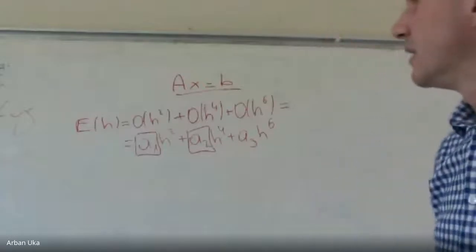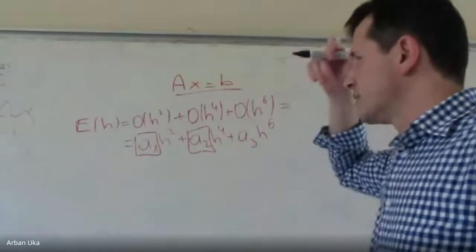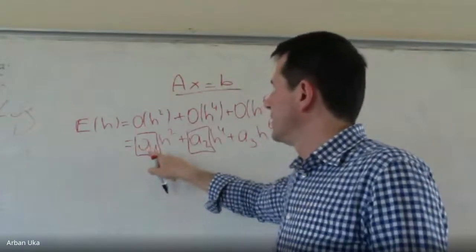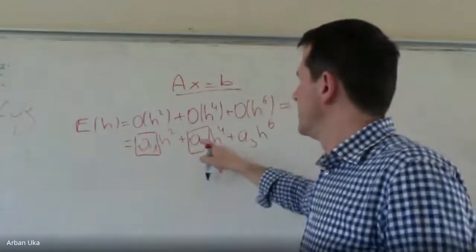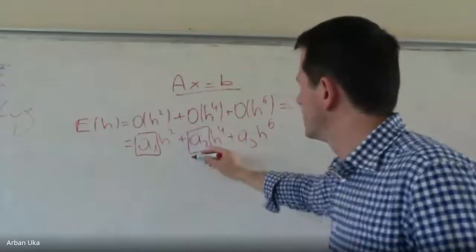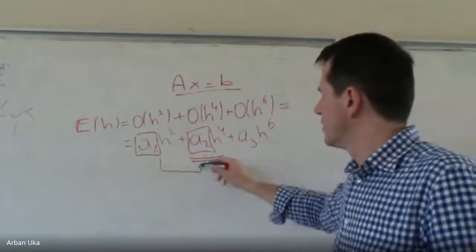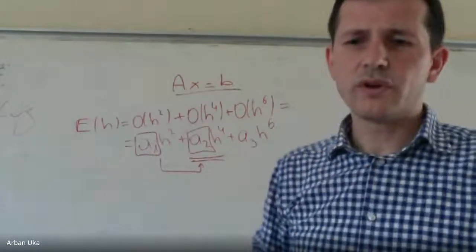The technique of Richardson extrapolation tries to find A1 and substitute it, and then the rest is an error which belongs to the next order, of h to the power 4, and so on.